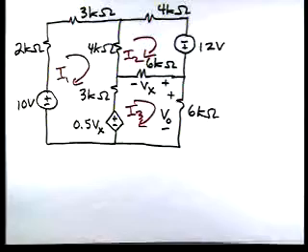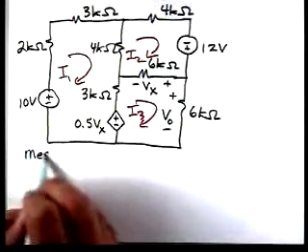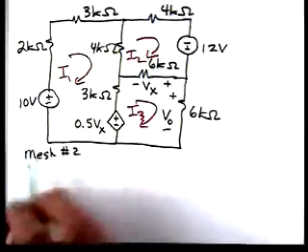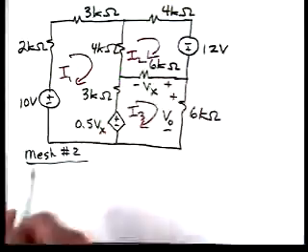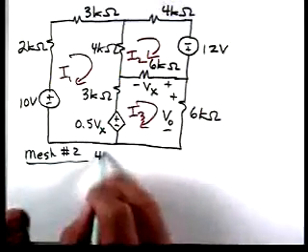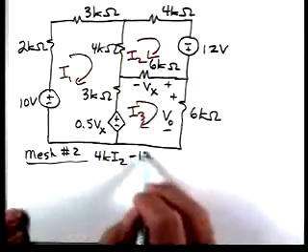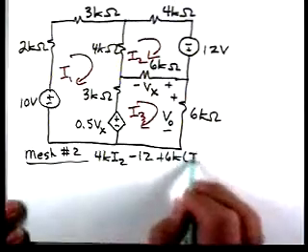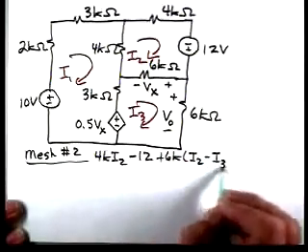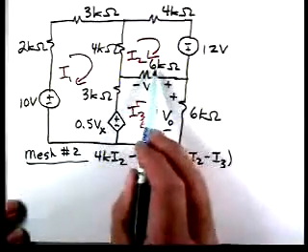Now let's do mesh 2. If we start, we'll have 4K I2 minus 12. We'll have 6K times I2 minus I3, that's the voltage here.